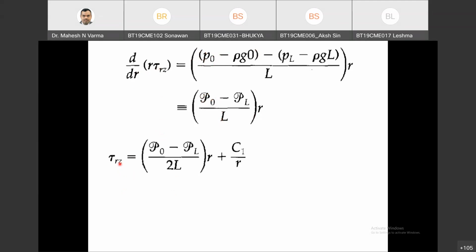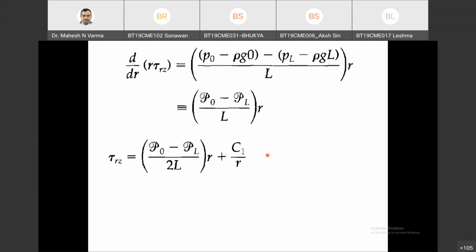Rearranging and integrating this equation, tau rz will be equal to delta P, or P0 minus PL, divided by twice L, into R, plus C1 divided by R. Now here either I can use at R equals 0, tau rz equals 0, or the logical boundary condition. What is a logical boundary condition?